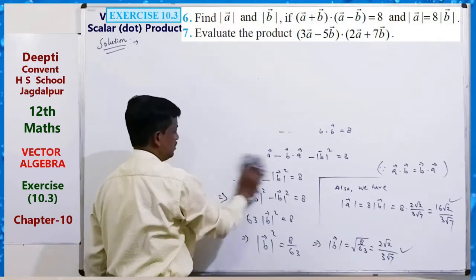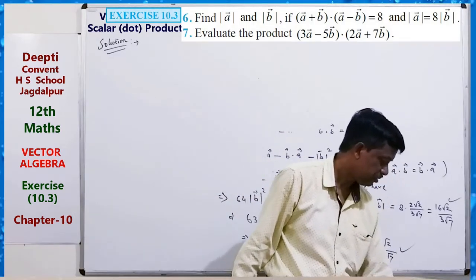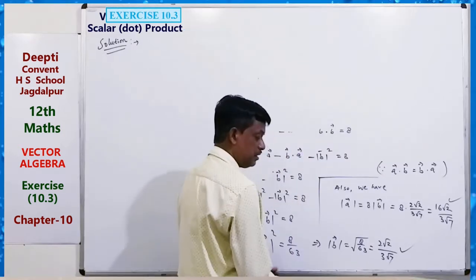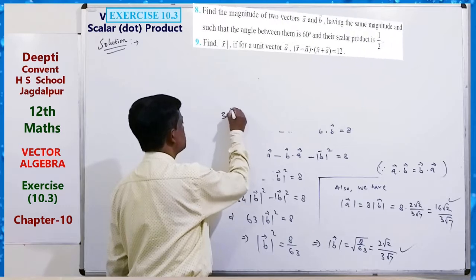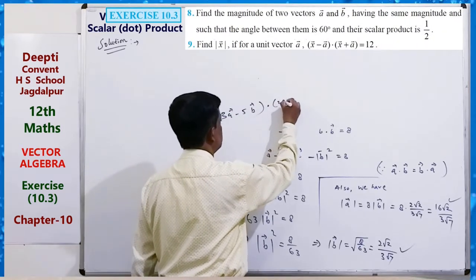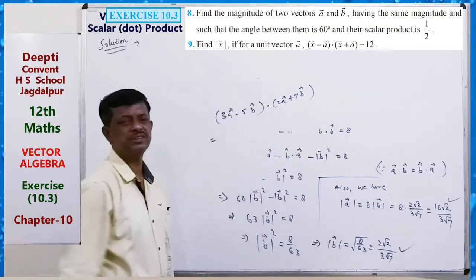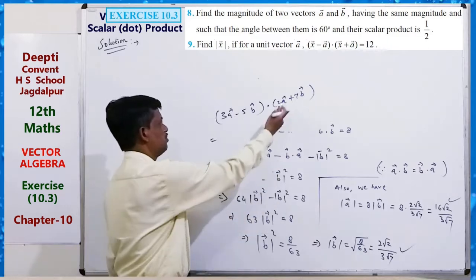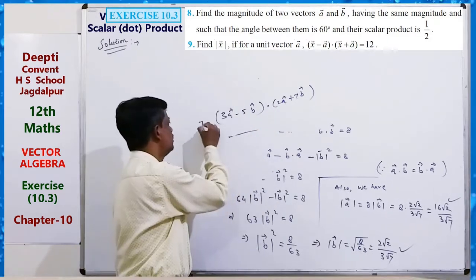Now see, 3a minus 5b dot 2a plus 7b, it can be solved very simply. Just multiply and write. That will be the answer of question 7.